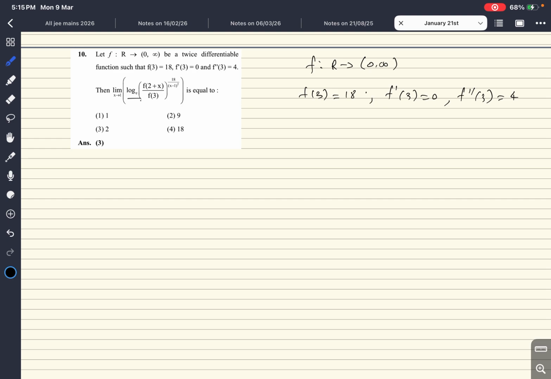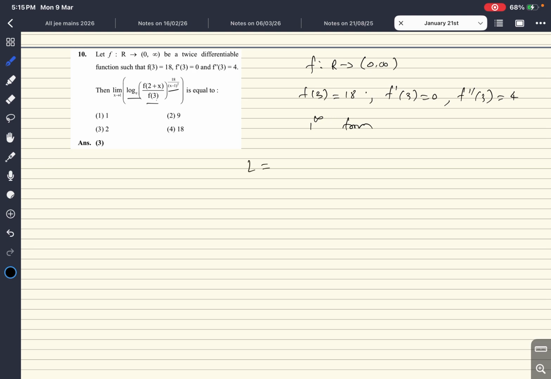If you check it properly, if I put x is equal to 1, f of 3 divided by f of 3 is nothing but 1, and the exponent, 1 by 0, is infinity, so it is a 1 to the power infinity form. So we know the formula for that. What is the formula?